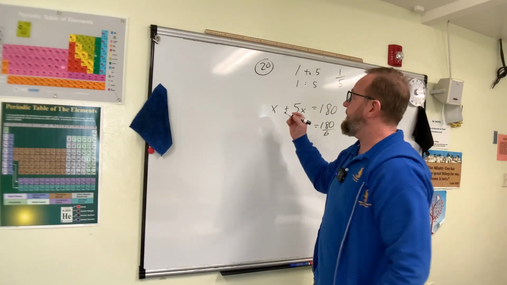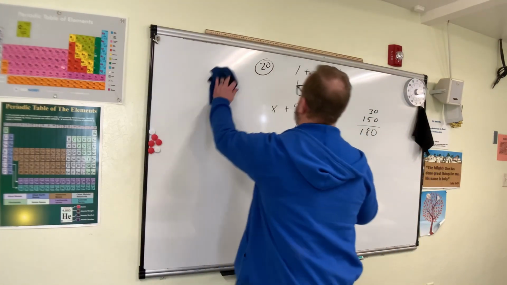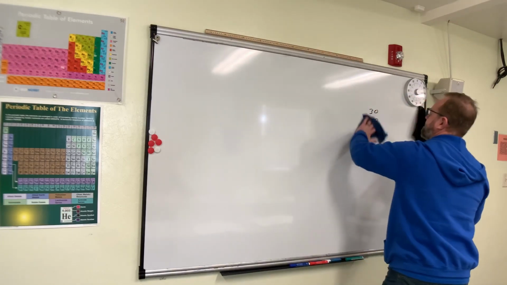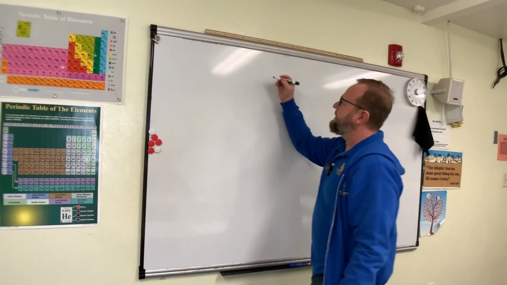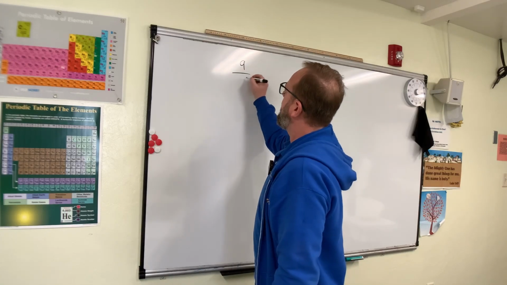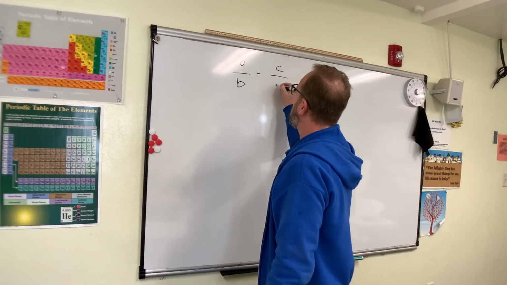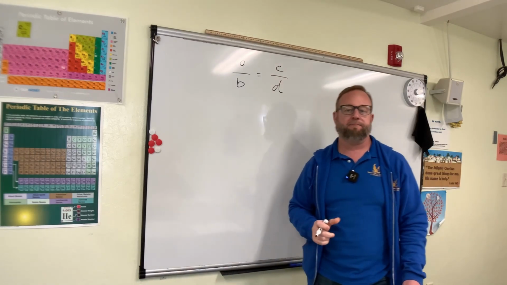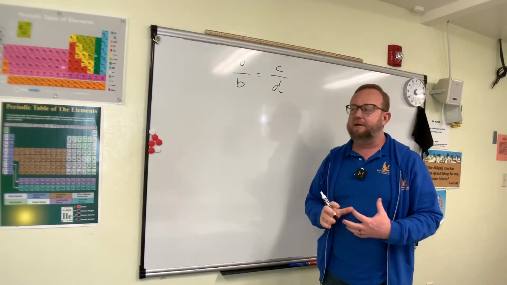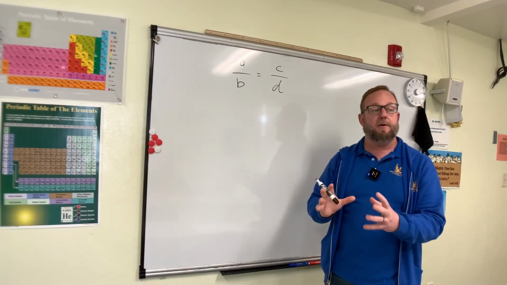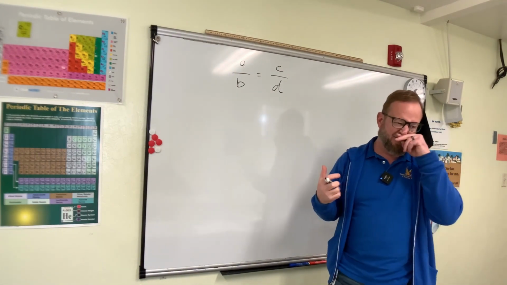So A over B, let's get rid of this because that was problem 20 from the other section. Now we're looking at this new thing. A over B equals C over D. If this is a proportion, then the equal sign is appropriate because they are going to be equal.